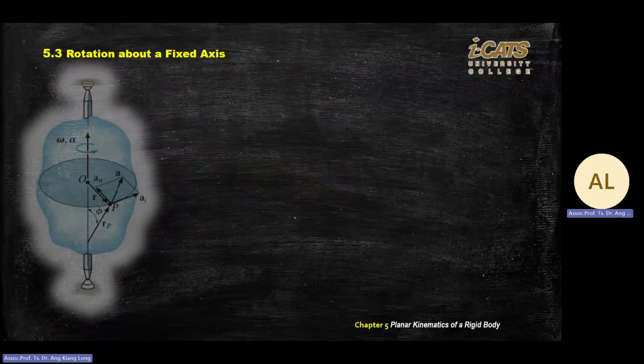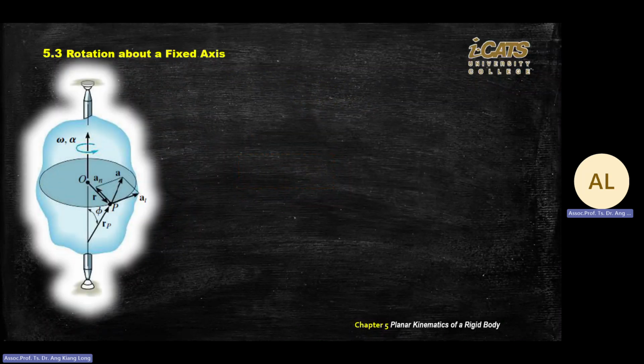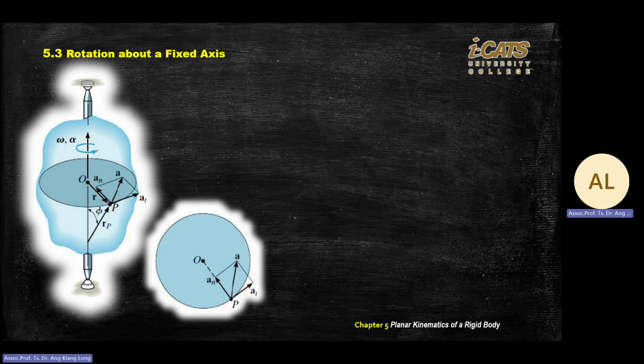Now acceleration is a bit different when you have circular motion. When you have circular motion, your acceleration is no longer ax or ay, because you are moving in a circle. You only have tangent and normal axes. So for acceleration, you have a normal acceleration pointing towards the center.